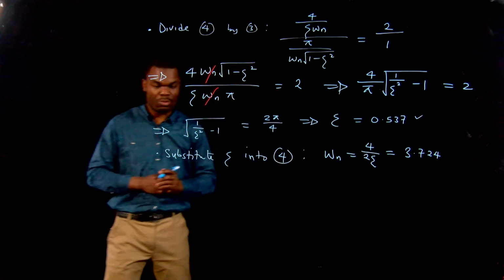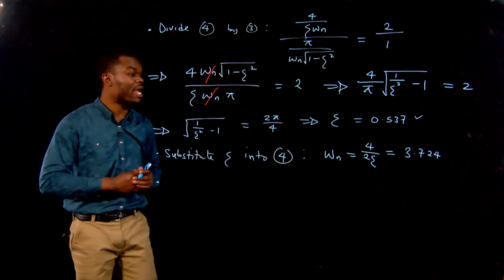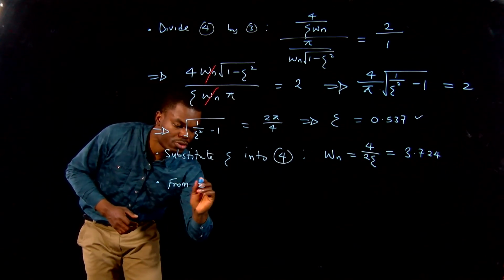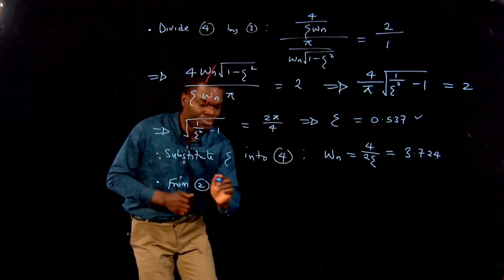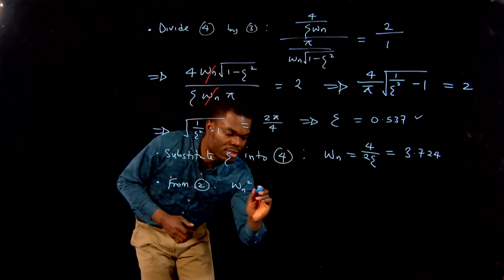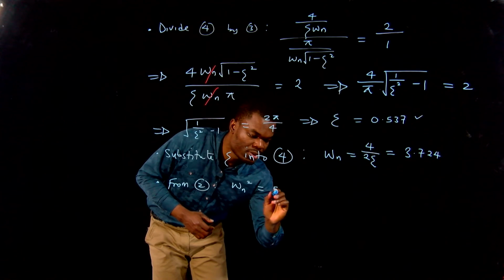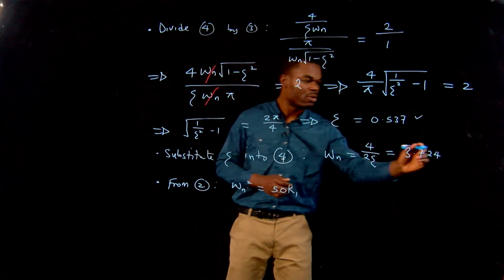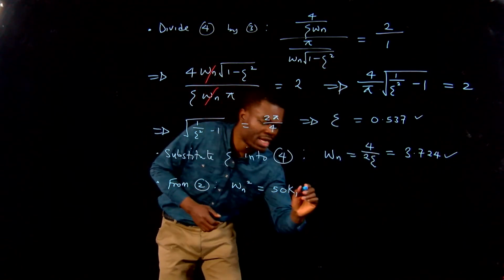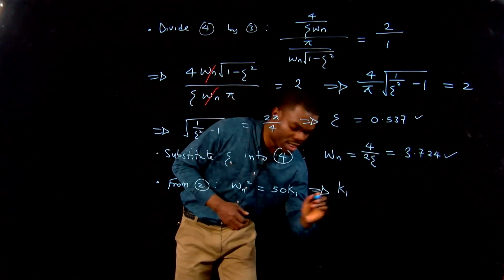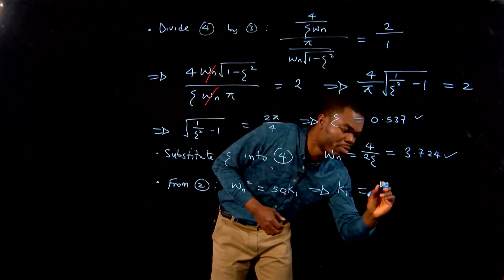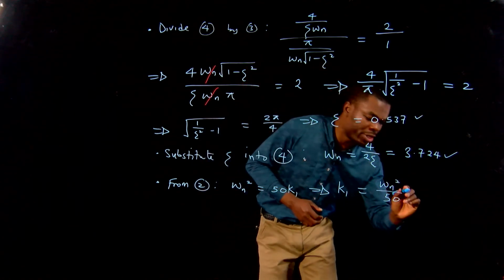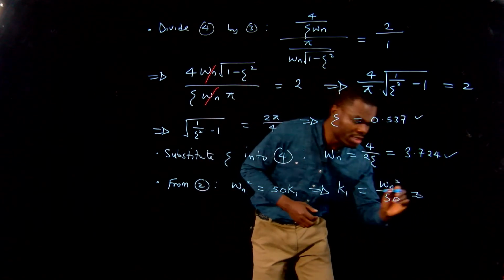And then moving on, since we know the value for zeta and omega n, we can go back to equation 2. In equation 2, our omega n squared is equal to 50 k1. Since we know the value for omega n, which we just calculated, we can substitute it. In this case, k1 is equal to omega n squared over 50.